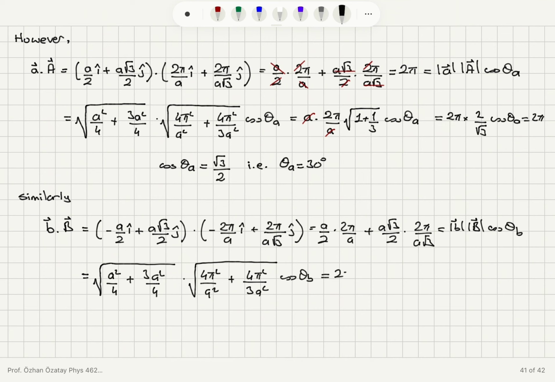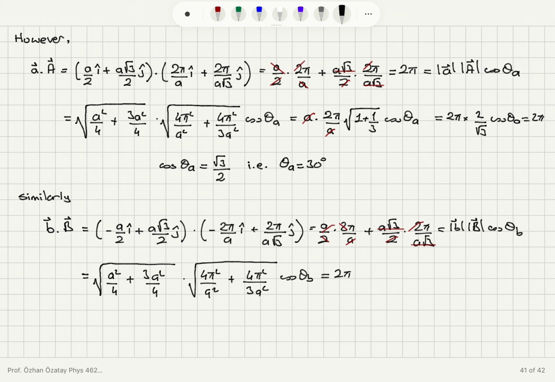This must be equal to 2 pi. You can see here because A's will cancel, 2's will cancel, we'll get a pi. A square root 3's will cancel, 2's will cancel, another pi. So the answer is 2 pi.